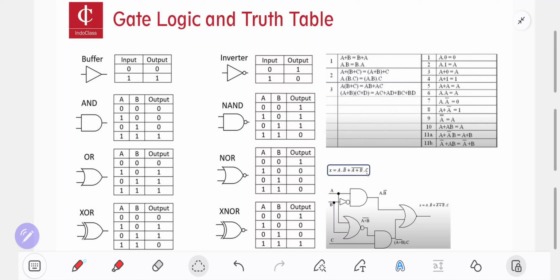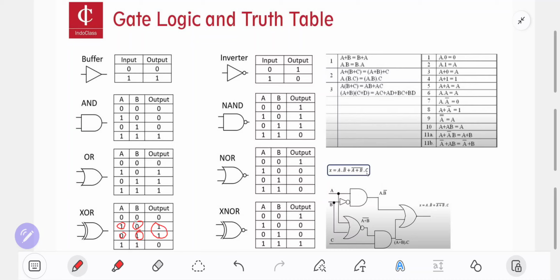And then we go to the XOR gate logic. You can see on the truth table the output is 1 if A and B as input have different values: 1, 0 or 0, 1, so the output value is 1.